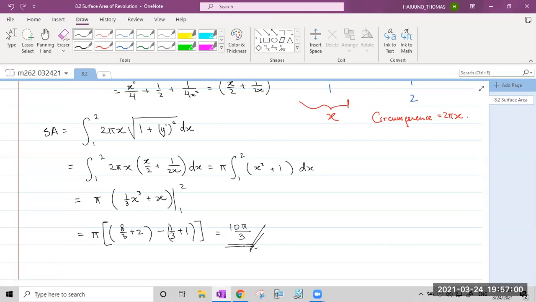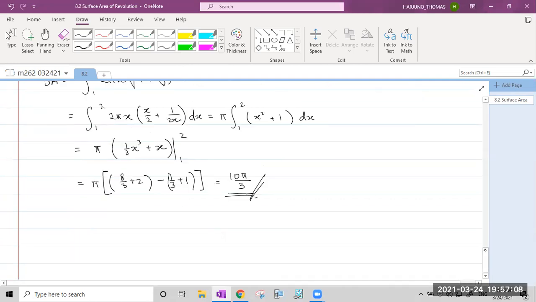Okay, now let me show you an interesting question. For example, let's do number 12. Why is it interesting? Well, it's just simply new. We have a curve that is given by x equals 1 plus 2y squared, with y between 1 and 2.